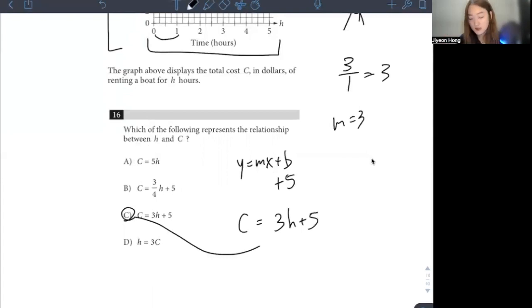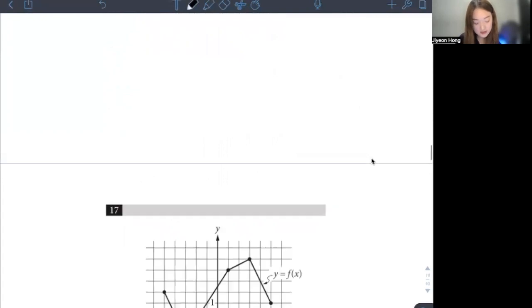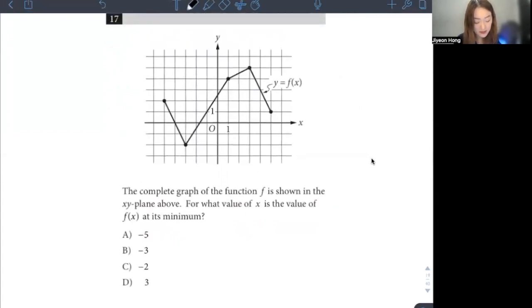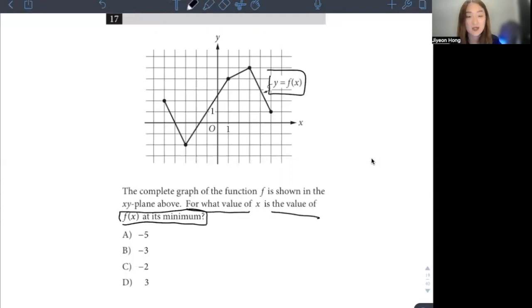Okay, let's go ahead and move on to number 17. The complete graph of the function f is shown in the xy plane above. For what value of x is the value of f of x at its minimum? So f of x, as it tells you here, is the y value. We have to recognize where the point is where y is the lowest.